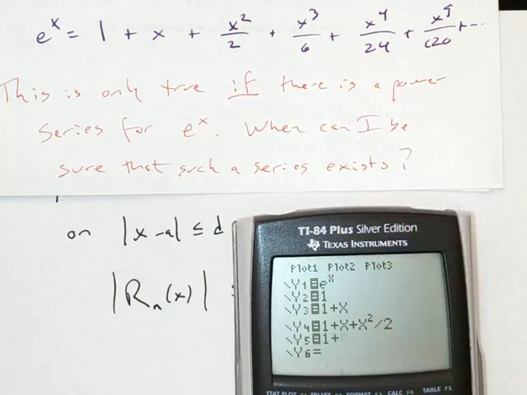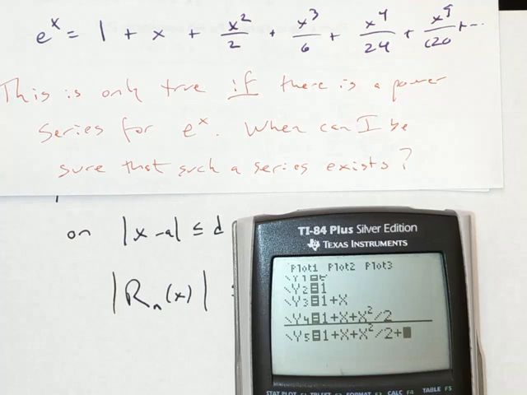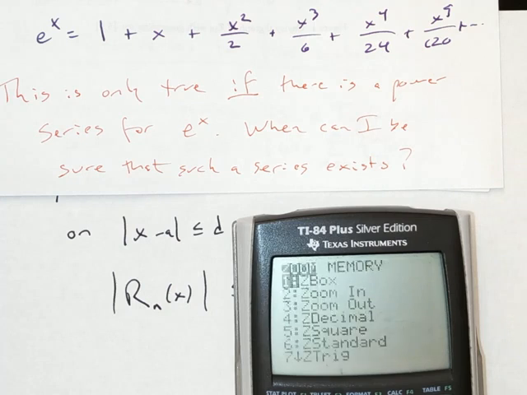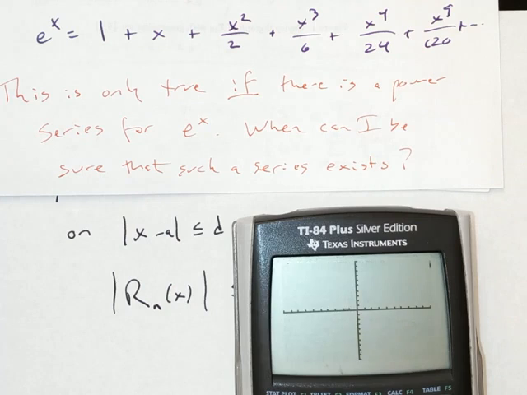Then 1 plus x plus x squared over 2 plus x to the third over 6. Right? That's the first 4 partial sums. I'm going to graph this. There's my graph of e to the x.